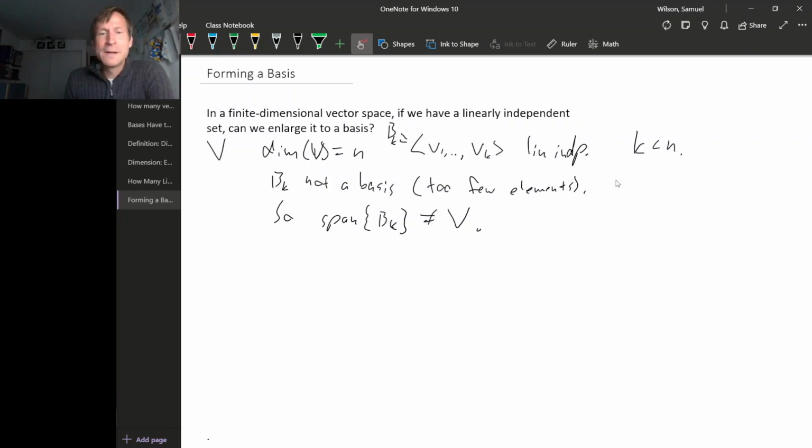It's not big enough. So that means that b sub k can't span all of V. So take any vector v sub k plus 1 that is in V, but not in the span of b sub k.